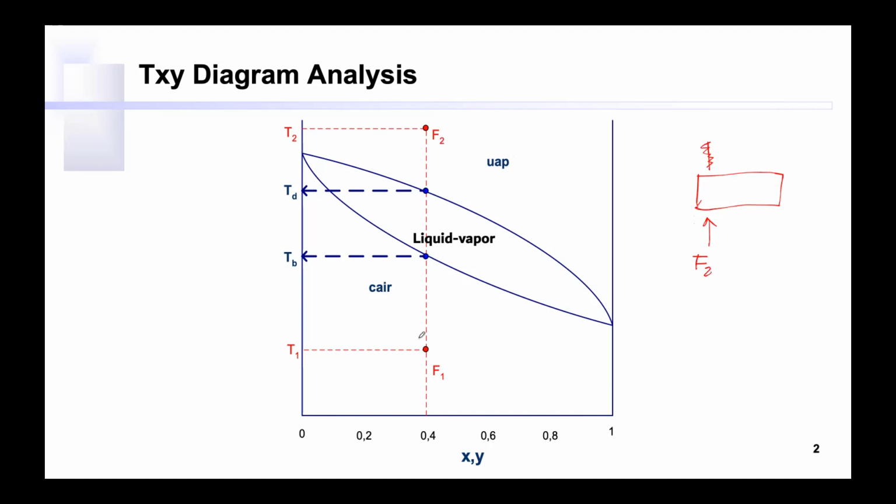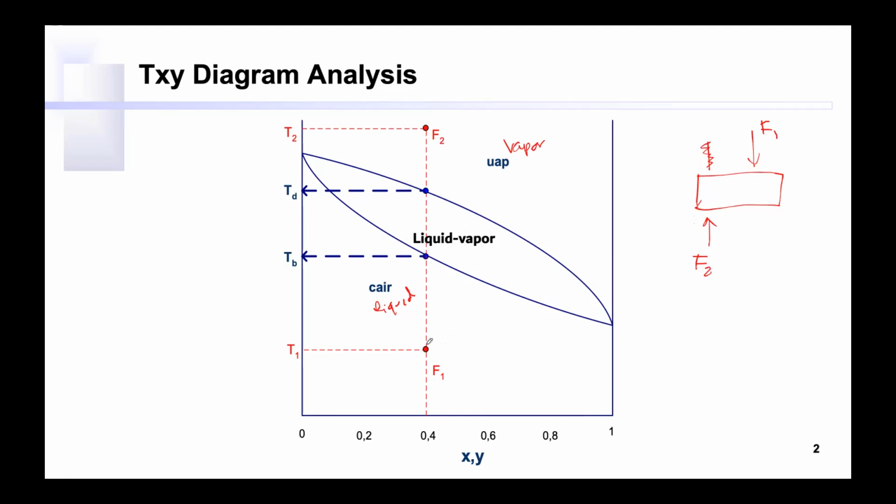And I have a feed 1. Okay, so the feed 1 is a liquid, cair. The feed 2 is in the vapor. Okay, and then we heat up the feed 1 up to this one.